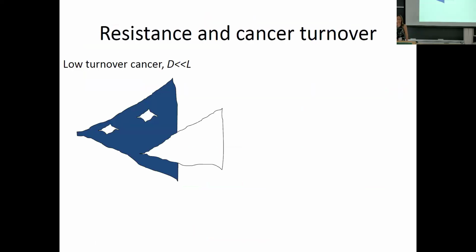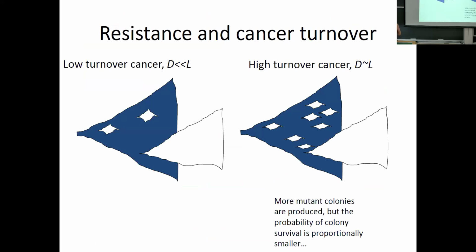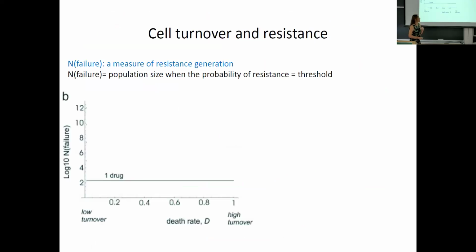But it's not so. If you do the math the way I described, you can prove that the answer does not depend on turnover. In both a colony that doesn't die and a colony that divides and dies, there's going to be the same probability of developing resistance.